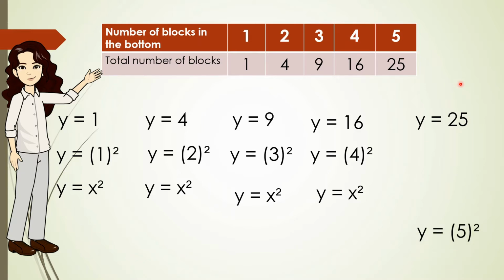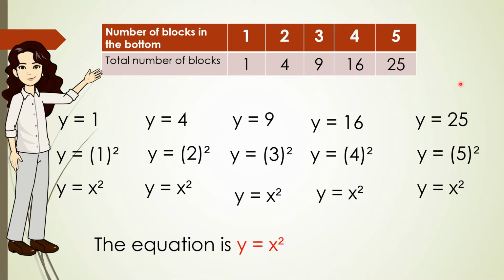The value of x. So, ang pwede lang naman doon ay 5. Yes, 5 times 5. So, that is x squared also. So, the equation of our table of values is y is equal to x squared. That is our equation of quadratic function.